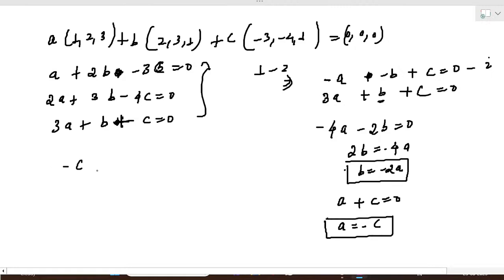So if a is minus c, then b is equal to 2c. What is that?